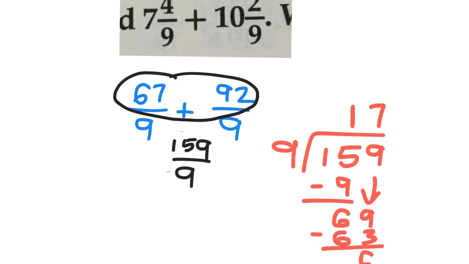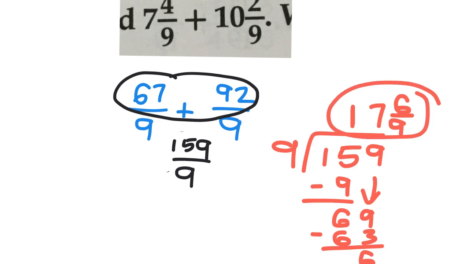We're left with 6. So that would be our remainder. So it goes in the numerator over the number we divided by, which is 9. So 17 and 6 over 9. These are your two possible answers: 159 over 9 or 17 and 6/9.